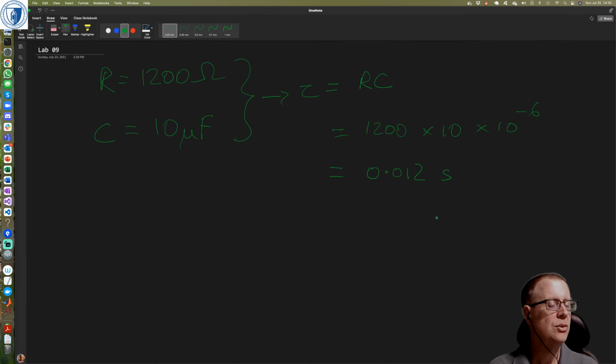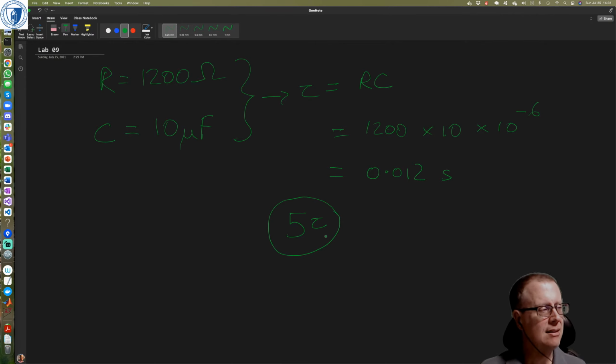So the time constant is 0.012 seconds. And remember, what we'll hear in the lecture is that we're not going to reach a steady state until we're at least 5 tau through. And because this number is just a little bit over half the period, it's not going to reach steady state.